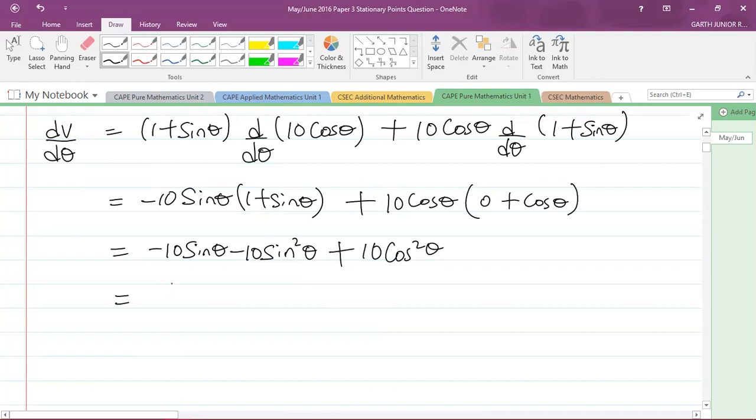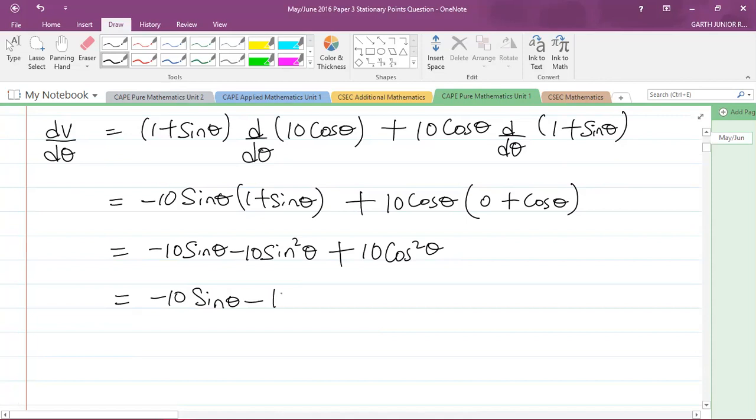And that would imply that cos squared theta is equal to 1 minus sine squared theta. Okay, so I'm just going to replace cos squared theta with 1 minus sine squared theta. All right, so negative 10 sine theta minus, sorry, that's a minus.